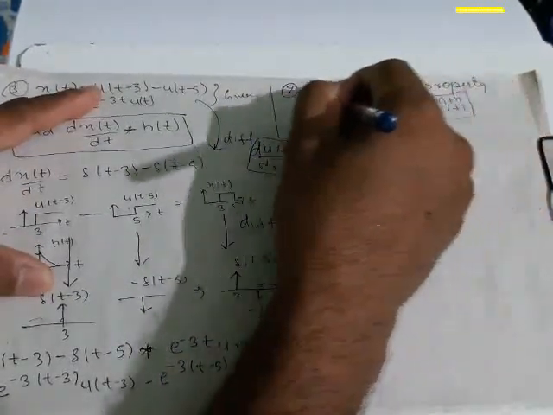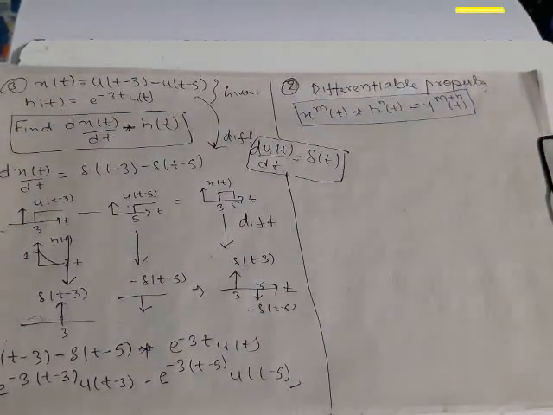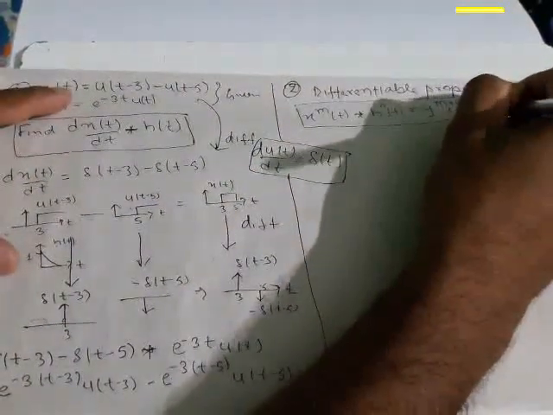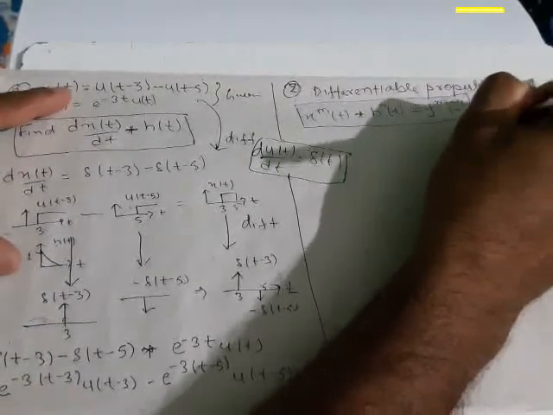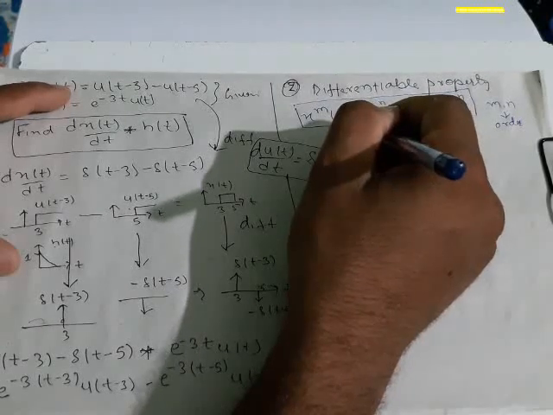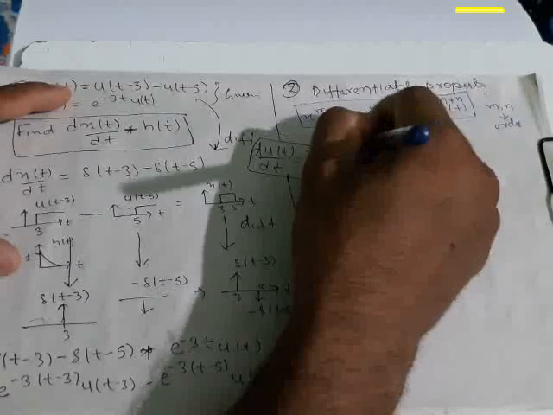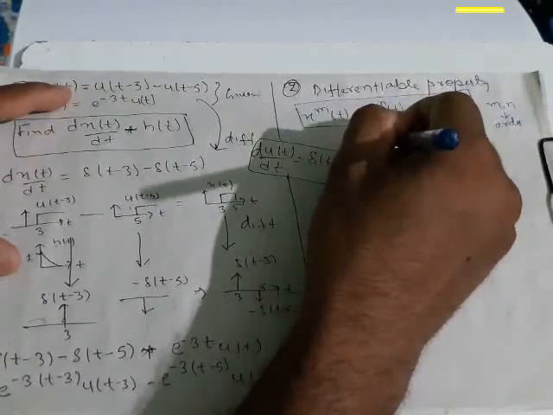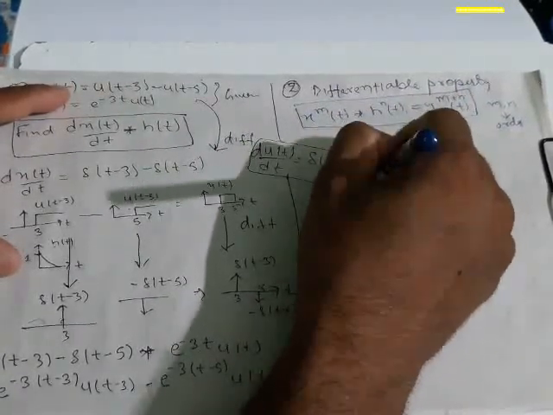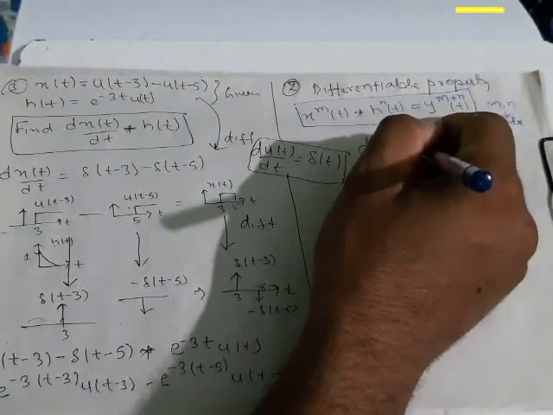It says that if x of minus t, the reverse of the x function, is convoluted with the reversal of the impulse function, then the output will also be reversed. If both the input and system impulse response are reversed, then the output will also be reversed. It is called reversal property.